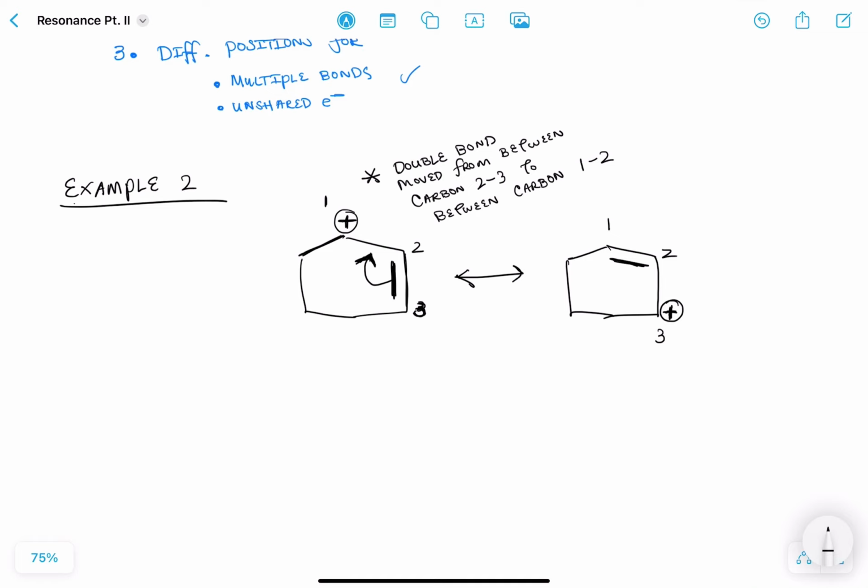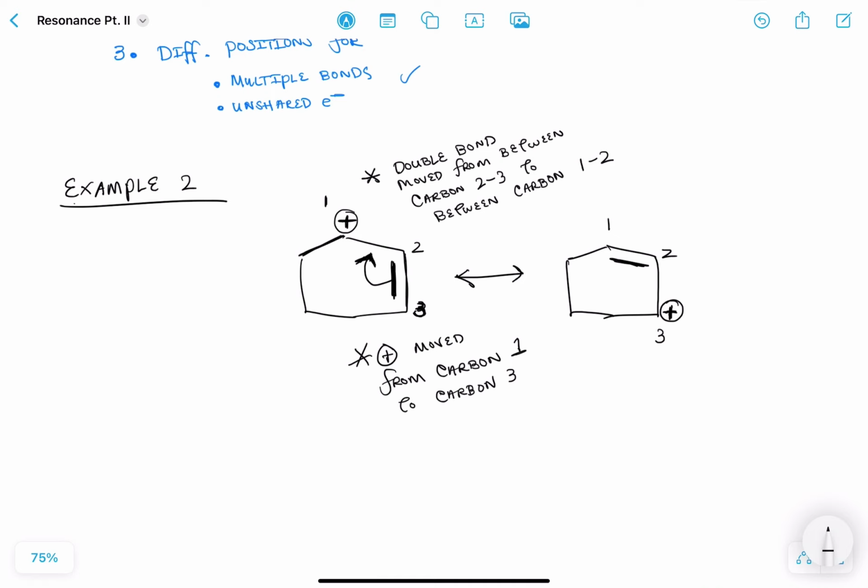So remember, we said things happen in pairs, and the second thing that happened in here, the positive charge moved from carbon 1 to carbon 3. Now, again, we don't have an arrow for a positive charge moving. It just moves because, again, the positive charge is just an indicator of absence of charge. So we don't draw anything over.